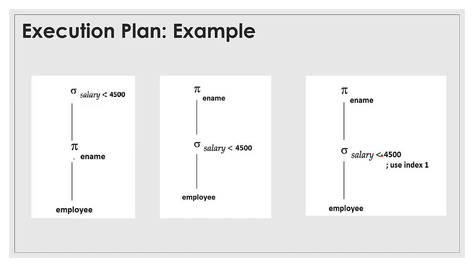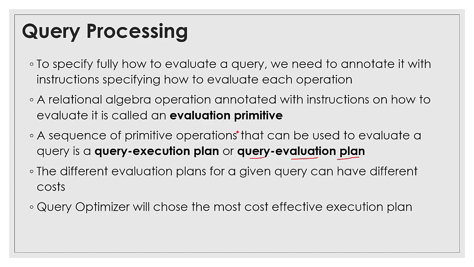So if there is an index, then in the annotation we must say to use index 1. This is the annotation we have discussed here. So not only the relational algebra, but also the annotation of how the algebra can be performed.